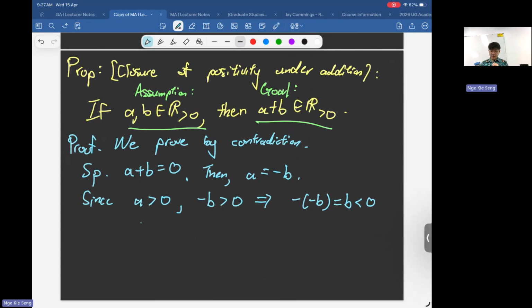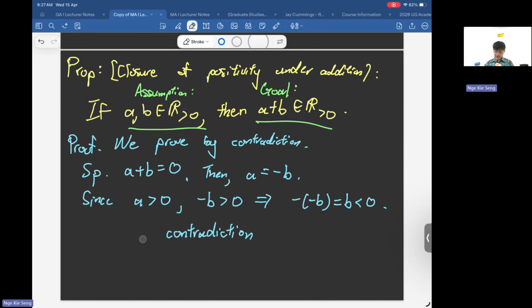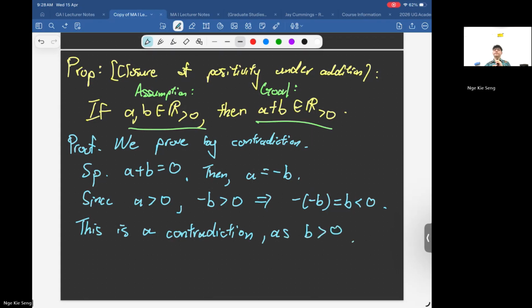So there's a contradiction here. Maybe I should write it in a full sentence. This is a contradiction as B is greater than 0. So far okay?